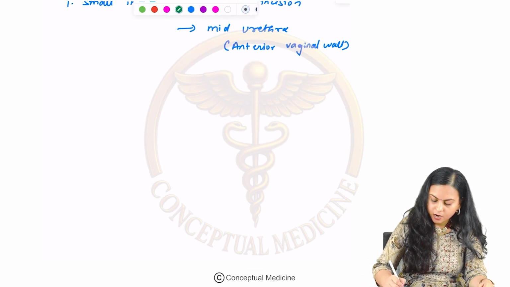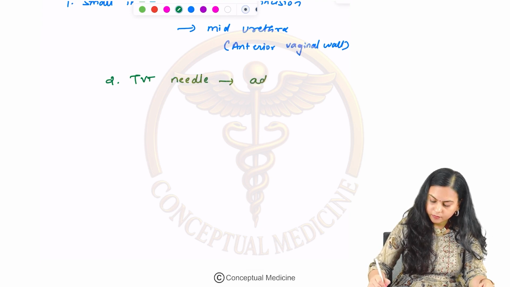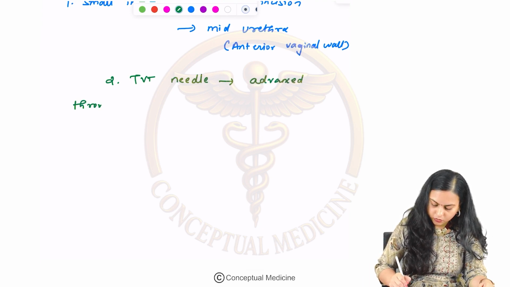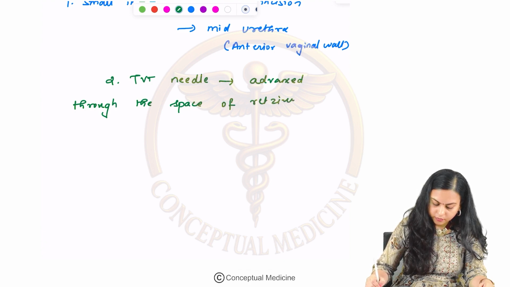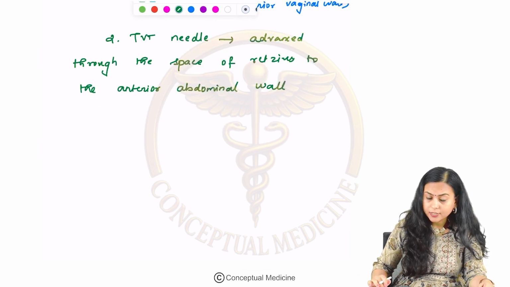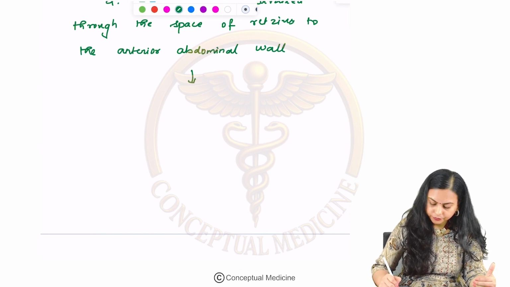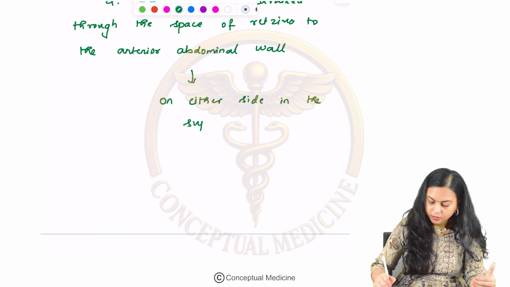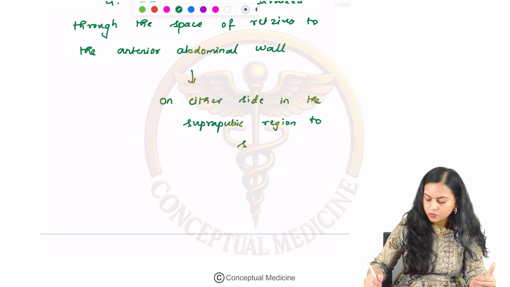Okay, then a TVT needle will be introduced and advanced through the space of Retzius to the anterior abdominal wall to allow the tape to be brought out on either side in the suprapubic region to the stab incision that we have given.